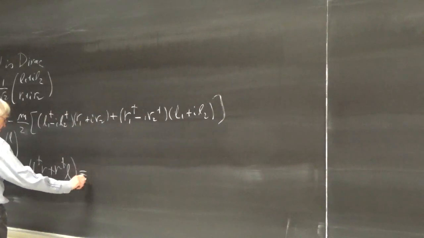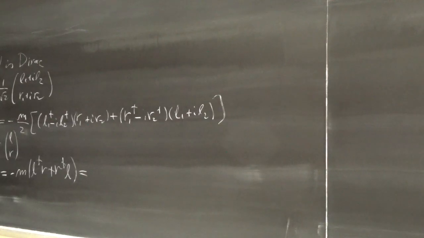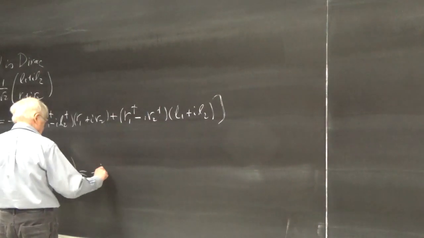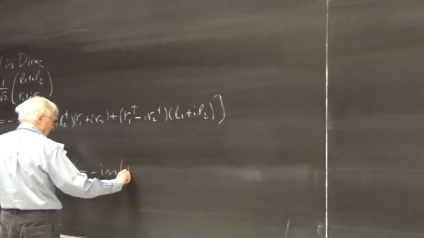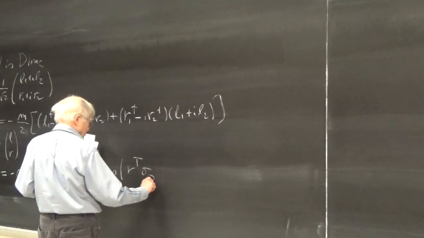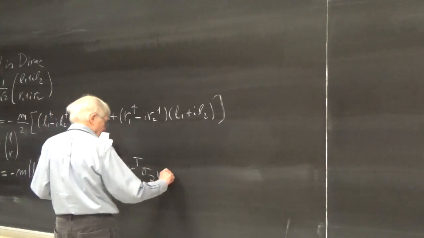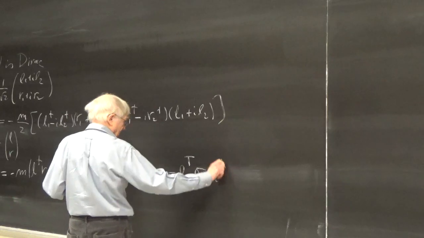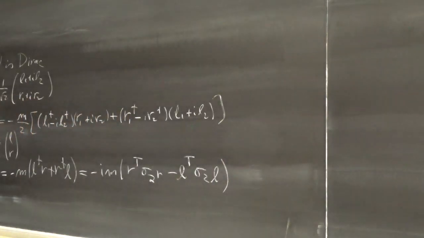It turns out for a Majorana field, we have the Majorana condition, which says that this is actually minus i m (R transpose sigma 2 R minus L transpose sigma 2 L). So you can rewrite it that way.